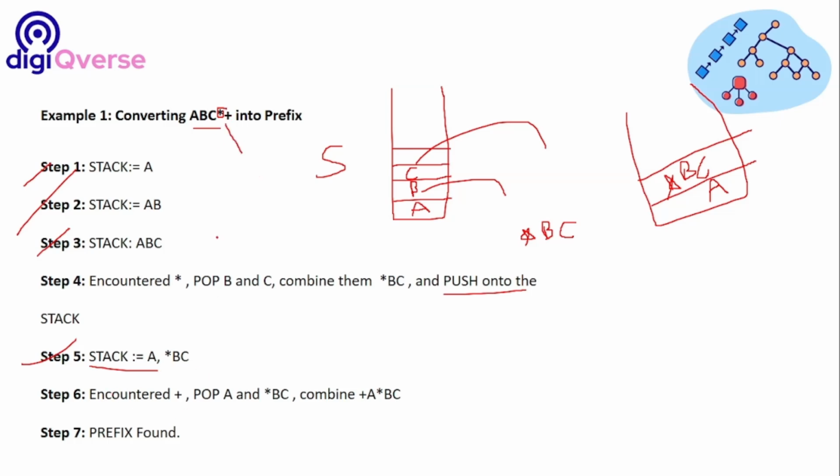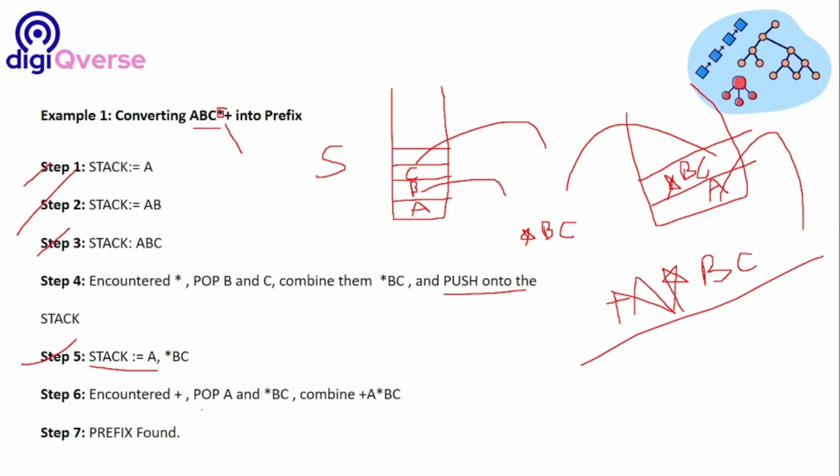Finally we find the plus, and we pop star B C from the stack, and of course A, and combine them into prefix form. So we get plus A star B C. That's the final result, and we see that the whole expression has been scanned from left to right until we get the prefix format. Plus A star B C is the prefix representation, right?